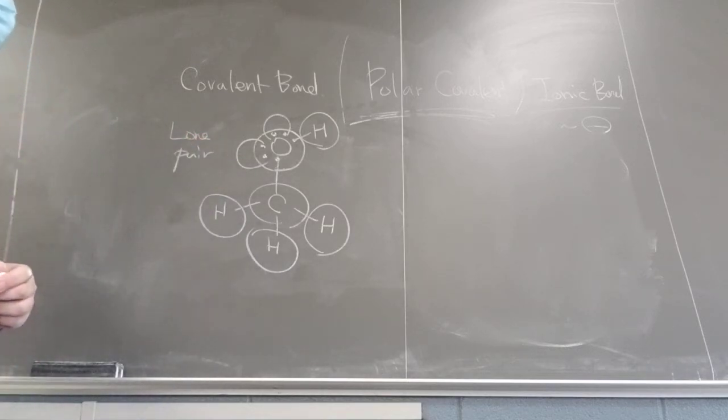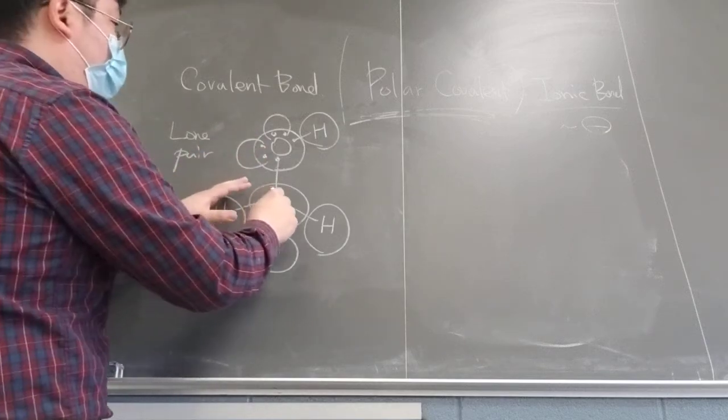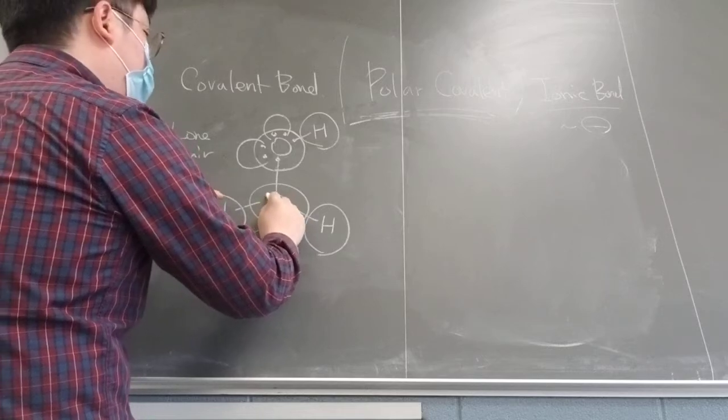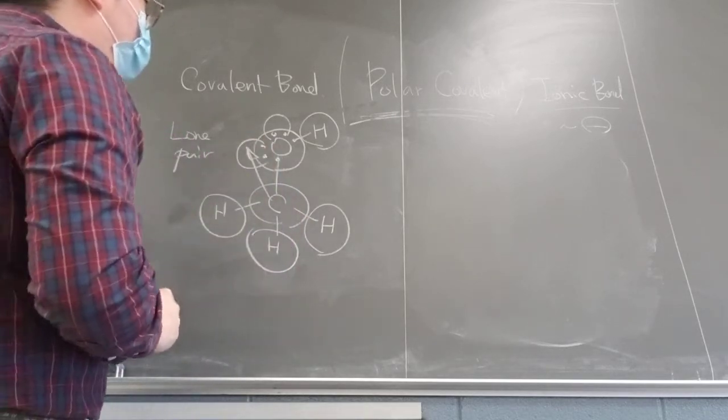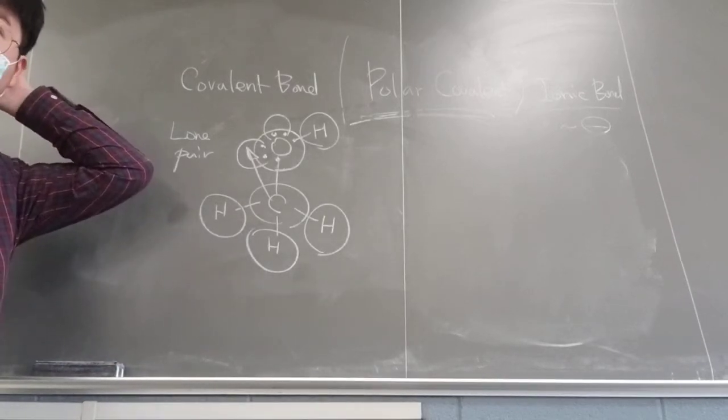So the charge difference between these electrons and the nucleus is mostly coming from this one, but 2 more onto this way. I don't know if you guys watched the video on one day.